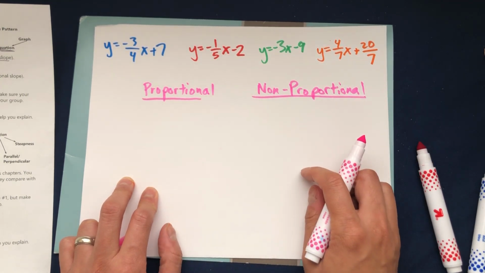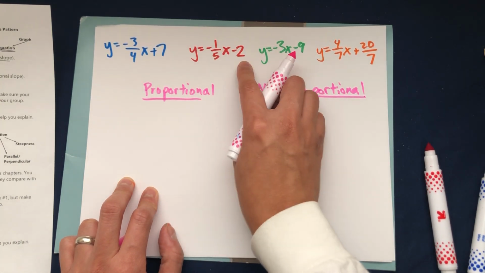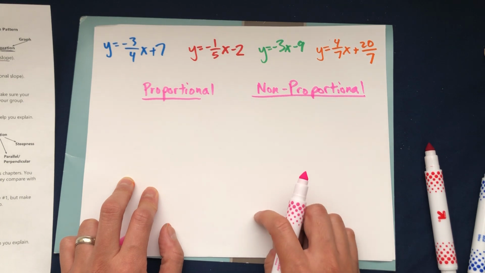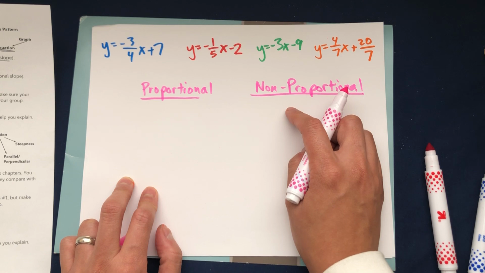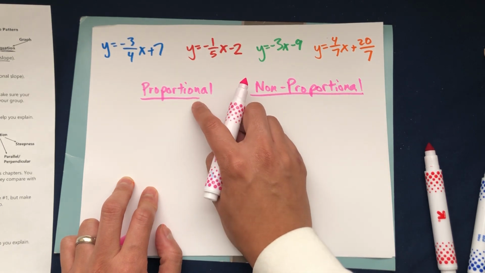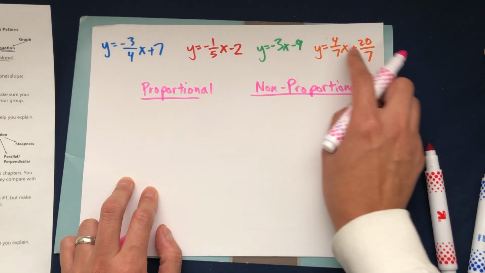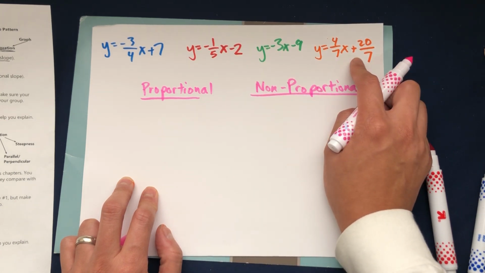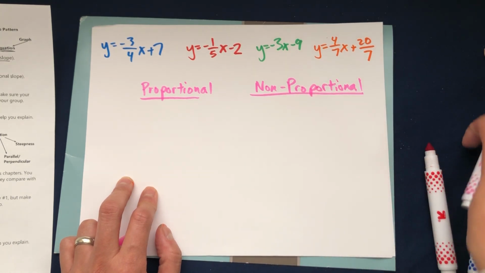So if I were to look at these equations and look at the y-intercept, the plus b part, when there is a y-intercept that is non-zero, it is non-proportional because it doesn't cross the origin. When the y-intercept is 0, that means it crosses the origin, which means it's proportional. If we take a look at all these equations, all of them are non-zero y-intercepts. Therefore, they are all non-proportional.